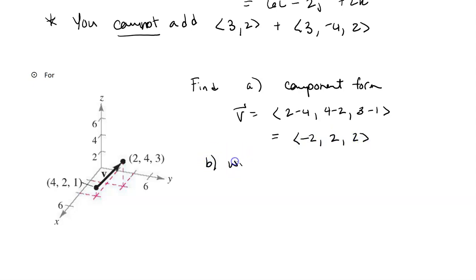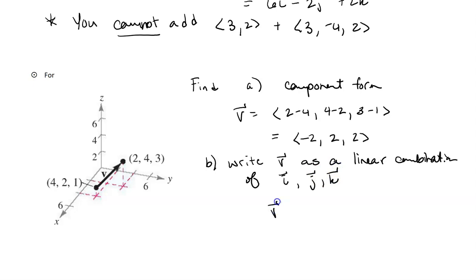If we want to write v as a linear combination of i and j and k, v would be negative 2i plus 2j plus 2k.